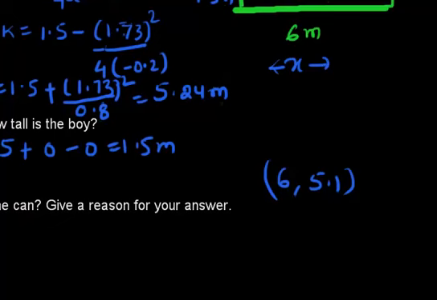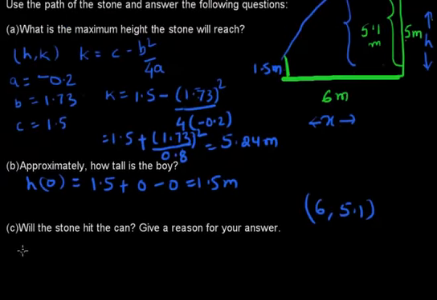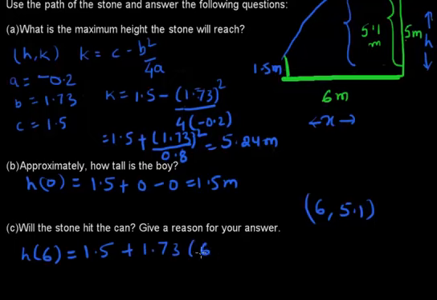To check this, I'll just replace x by 6 in the given equation. We have the given equation as 1.5 plus 1.73 times x, where x is replaced by 6, minus 0.2 times x square, meaning 6 square. If h(x) comes out 5.1, it means the stone will hit the can, otherwise it will not.